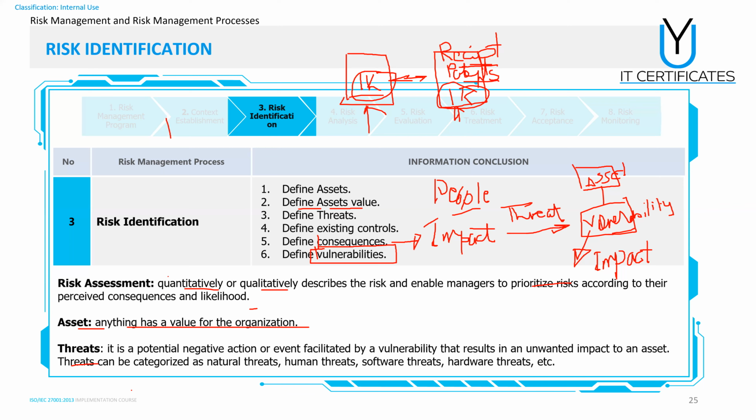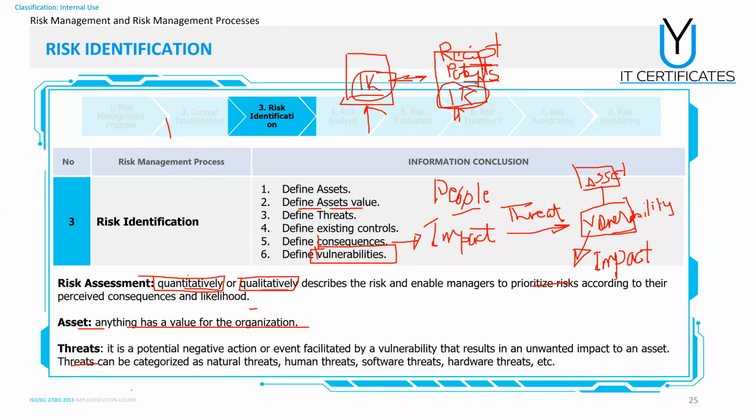Okay, very quickly, I want to describe the difference between quantitative and qualitative risk assessment. As we mentioned before, the risk assessment consists of risk identification, risk analysis, and risk evaluation. Quantitative and qualitative are derived from quantity and quality.